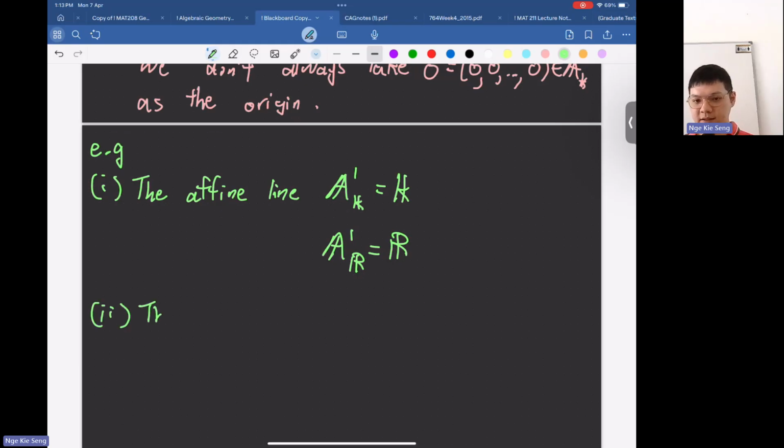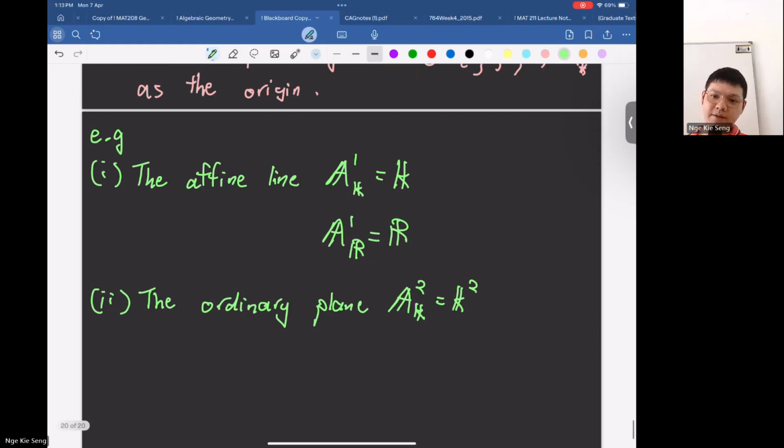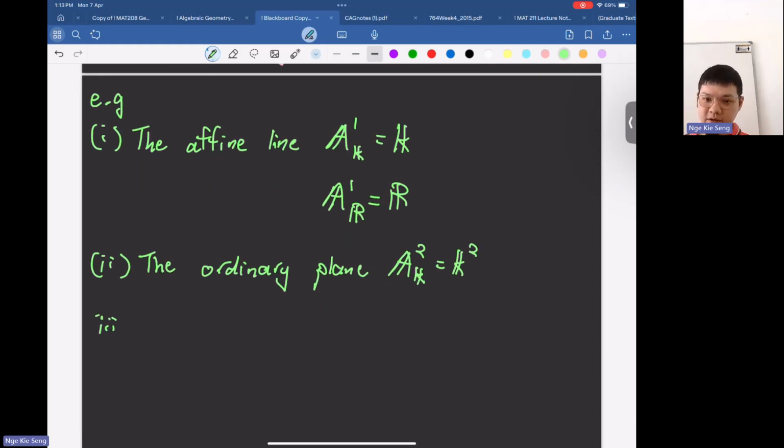Second, you can get an ordinary plane. If you put n equals to 2, you will just get K squared. Or in linear algebra, you can learn about the finite dimensional real vector space Rn.